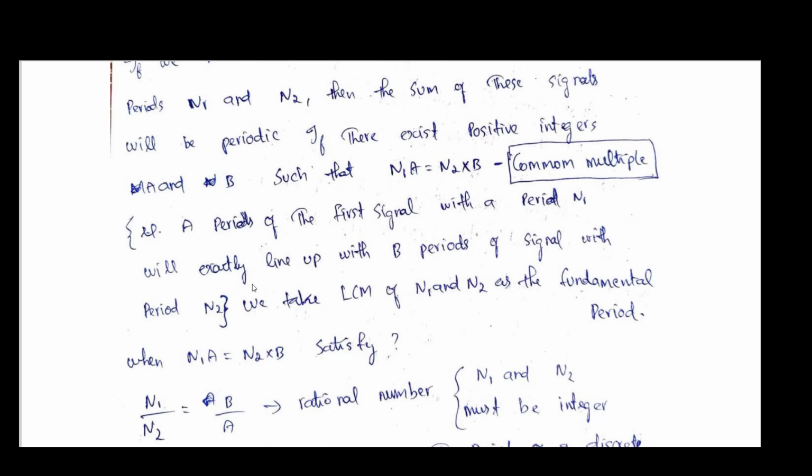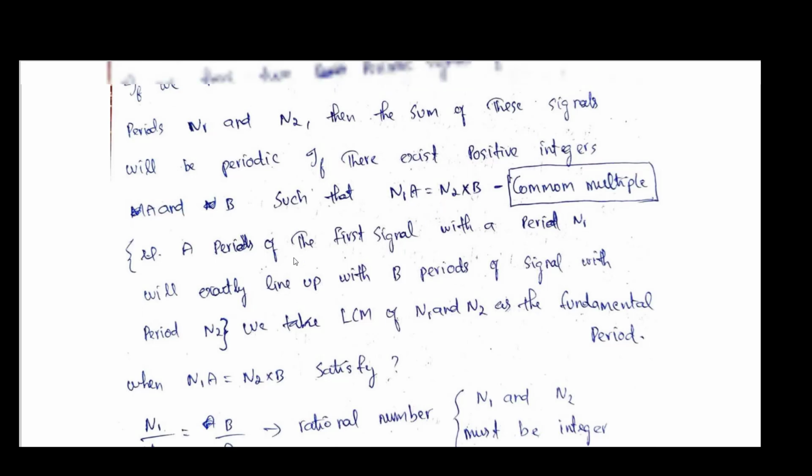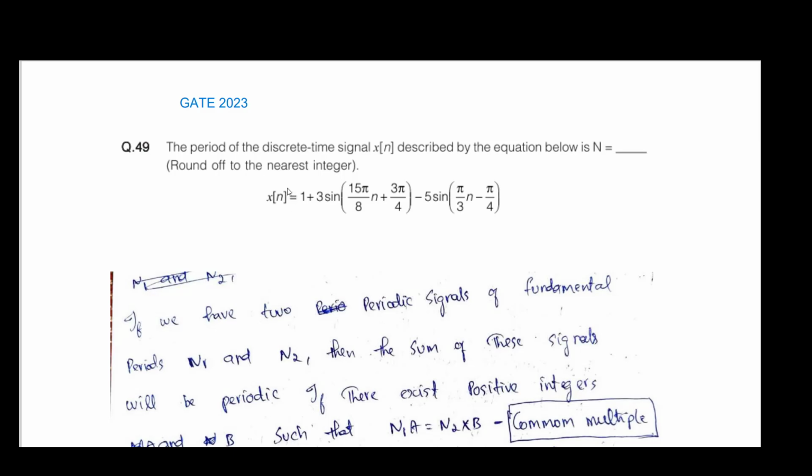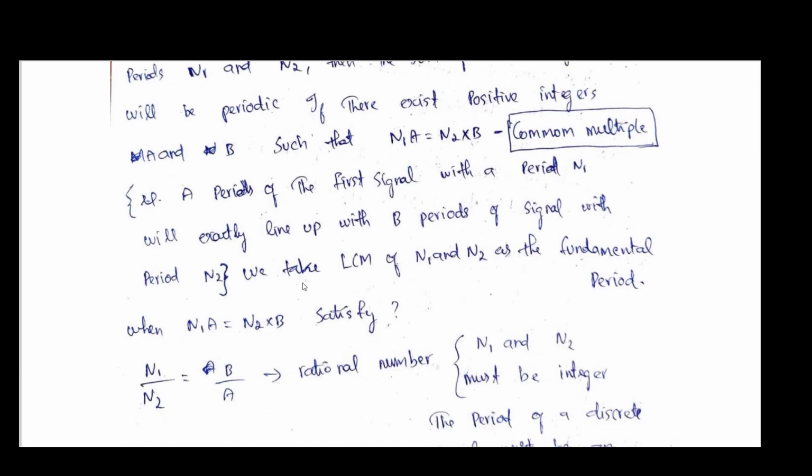So this equation can be interpreted in that way also, and the period of this composite signal will be the LCM of n1 and n2, which we can consider as the fundamental period of the composite signal.